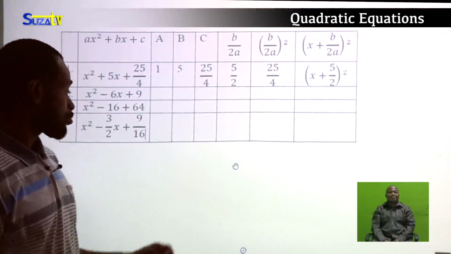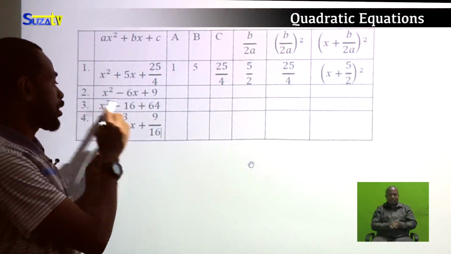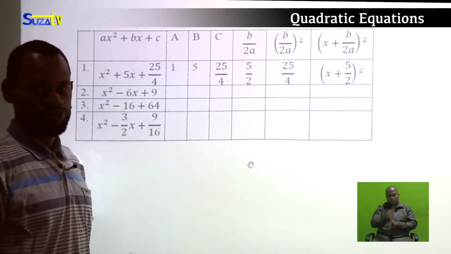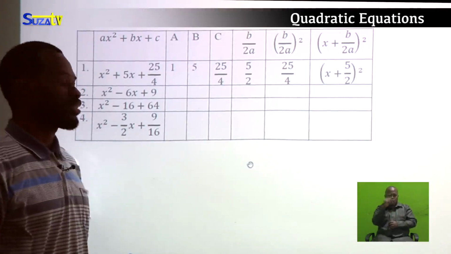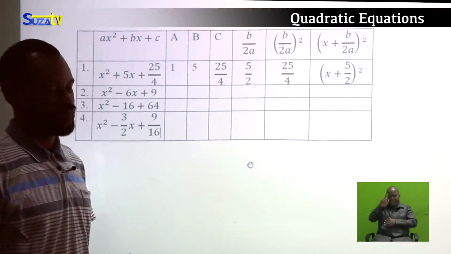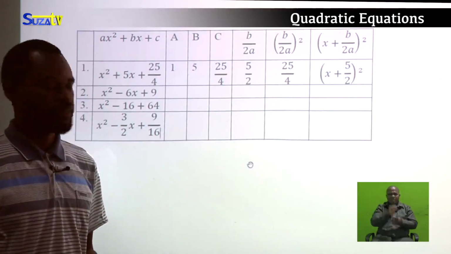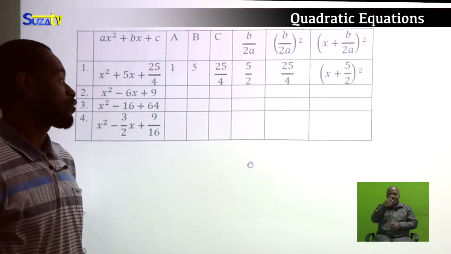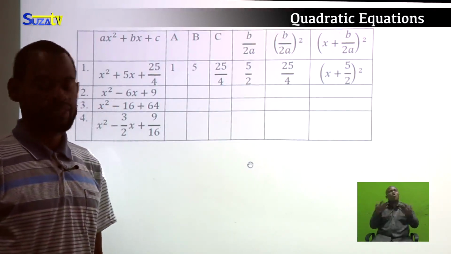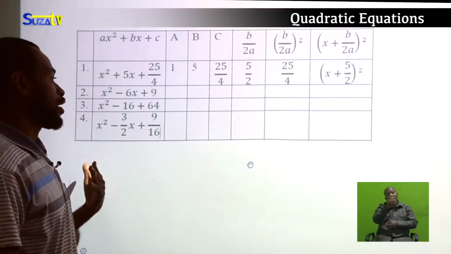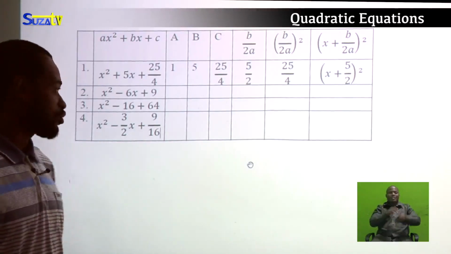So now let us check expression number 2, which says x squared minus 6x plus 9. Who can tell us the value of a from this expression? What is the value of a here, the coefficient of x squared? Yes, nice, very good.